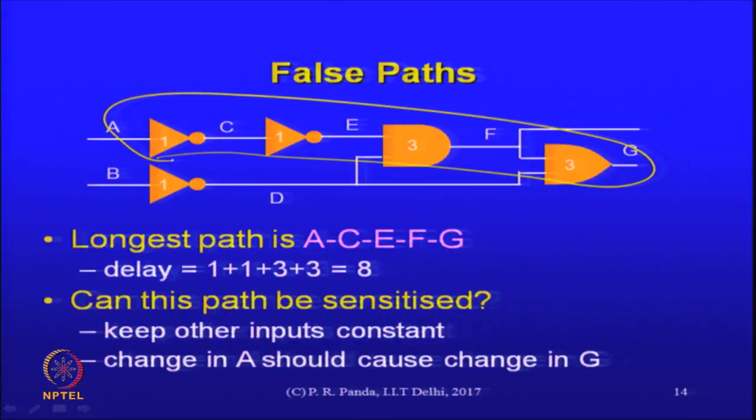Delay of course means that if that is my critical path, then I should be able to recreate a situation where the rest of the circuit is constant, and because of a change in that input, there is a change that is reflected at the output after a certain time, and that time hopefully should be 1 plus 1 plus 3 plus 3 if that is the critical path. Do you think that is possible for this circuit?